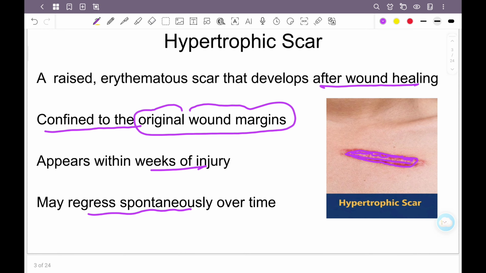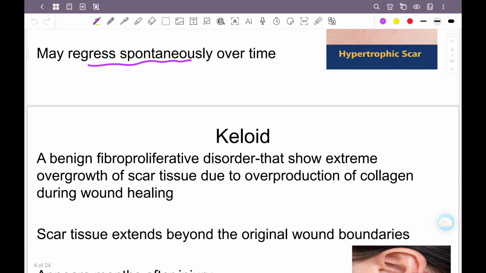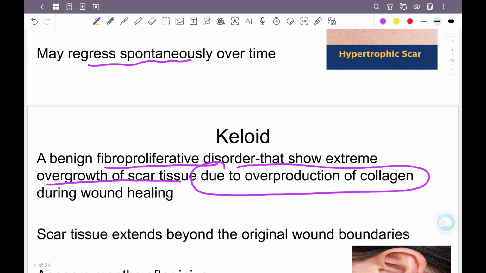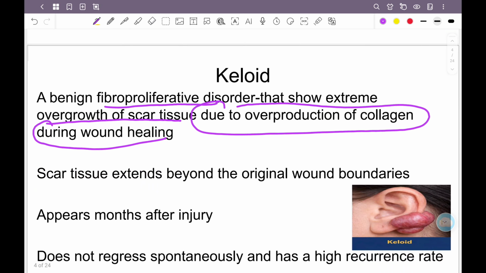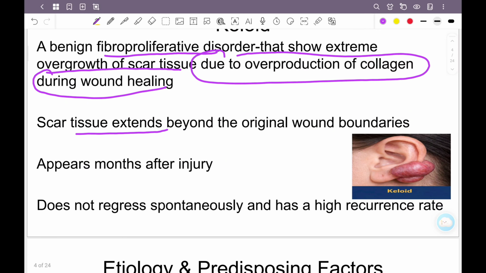But another type is the keloid. So what is a keloid? It is a benign fibroproliferative disorder that shows extreme overgrowth of scar due to the overproduction of collagen during wound healing, and the scar tissue extends beyond the original wound margin.